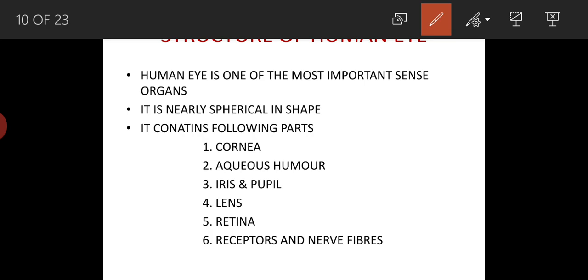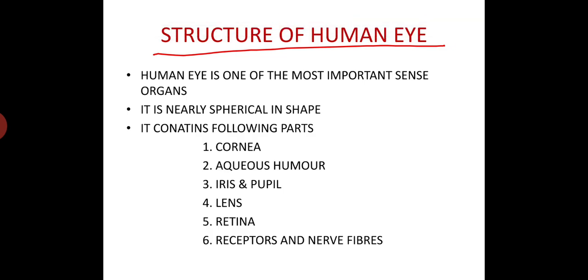Now you might have a doubt: in physics, why should we study the human eye? Most students will ask, sir, this is a biology topic, why are we studying it in physics? We study the human eye in physics because the working of the human eye completely depends on a physics topic, that is formation of images through lenses.